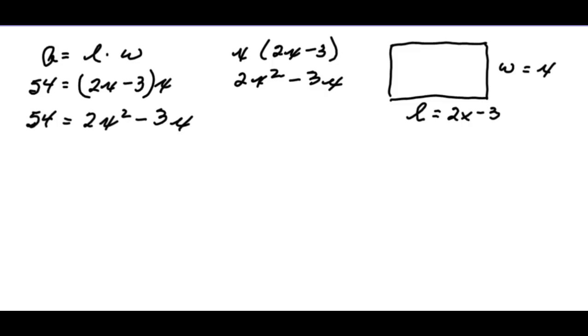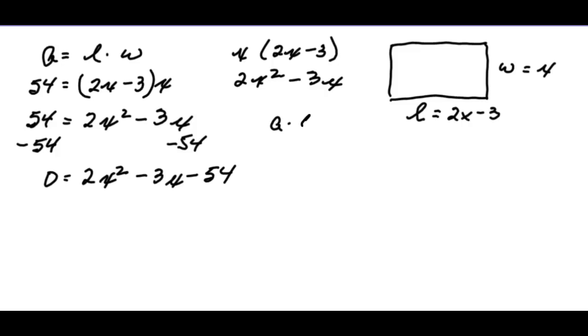But we need to set everything equal to 0, so we have to subtract 54 from both sides. What we get is 0 equals 2x squared minus 3x minus 54. In this particular case, to factor, we have to use the AC method.